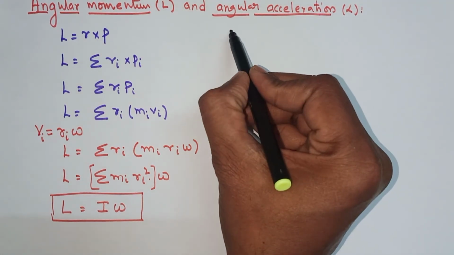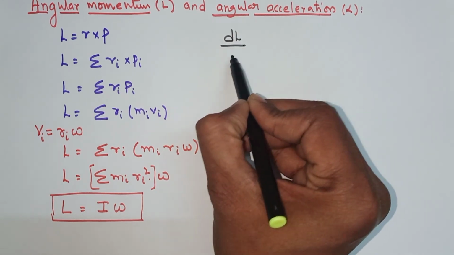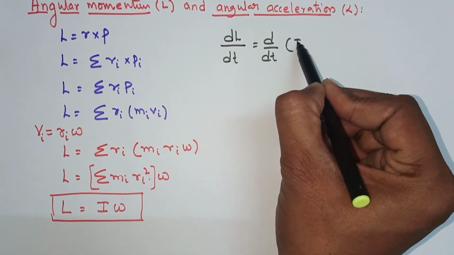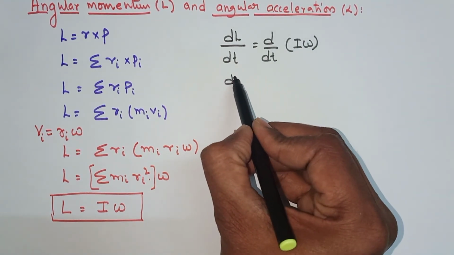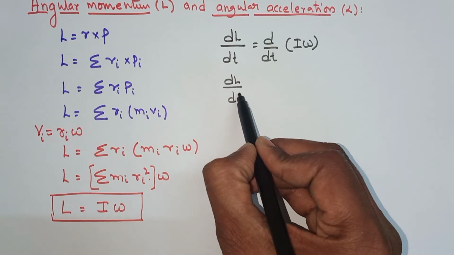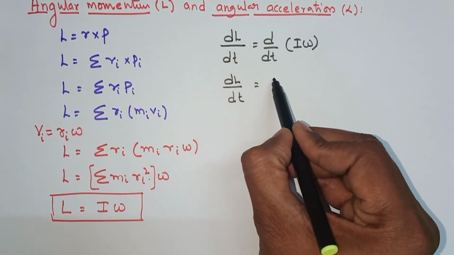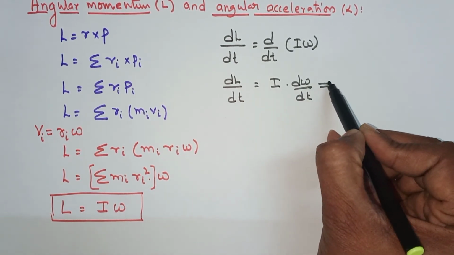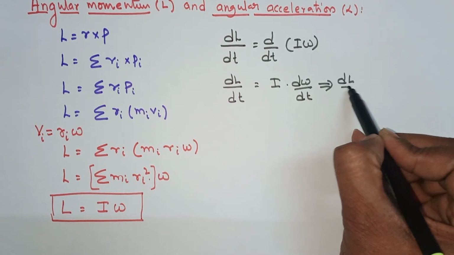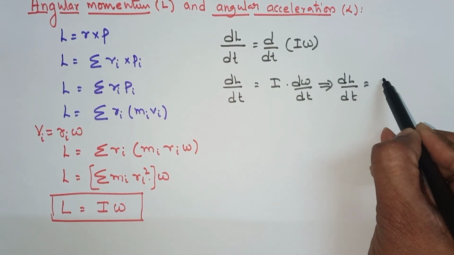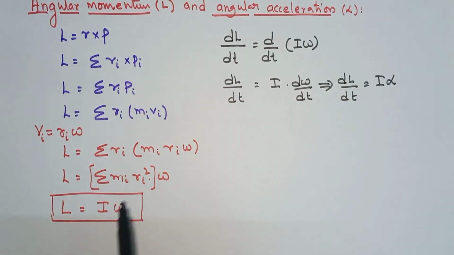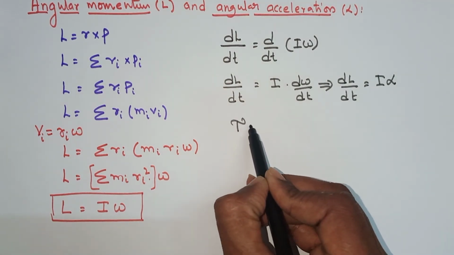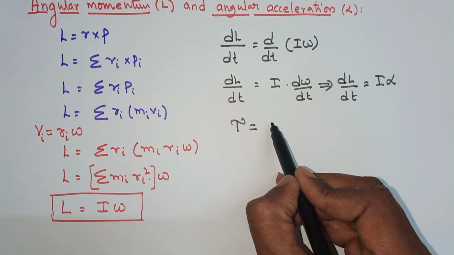What is the differentiation of L? dL by dt, d by dt of I omega. dL by dt we have seen in the previous class as I with d omega by dt. What is this? dL by dt is equal to I alpha. dL by dt is called tau, we learnt in the previous class.